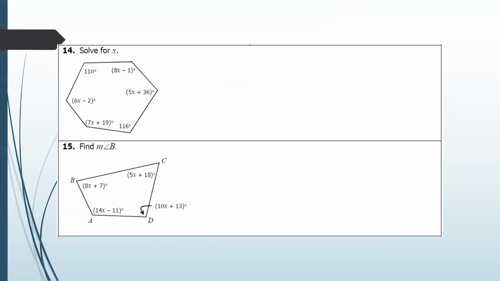Sometimes it gets a little trickier when they add some algebra, but it's the same idea. Okay, so here n is, let's see, 1, 2, 3, 4, 5, 6, n equals 6. So if I do 180 times 6 minus 2, or 180 times 4, I get 720. So these interior angles have to add up to 720. It gets really long, but not hard.